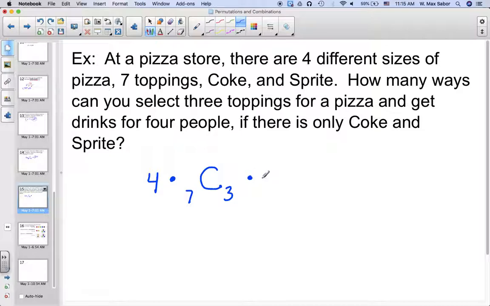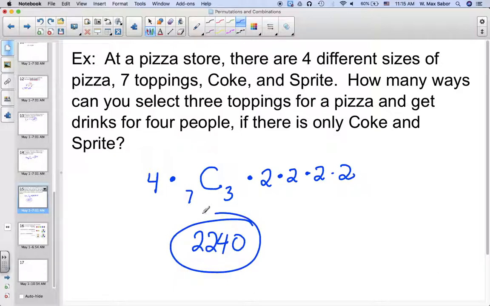And lastly, for the drinks, we have 2 choices for each person: 2 times 2 times 2 times 2. So there are this many options. That's a lot. This might take a little while to type in. So this is going to give me 2,240 different options. That's a lot.